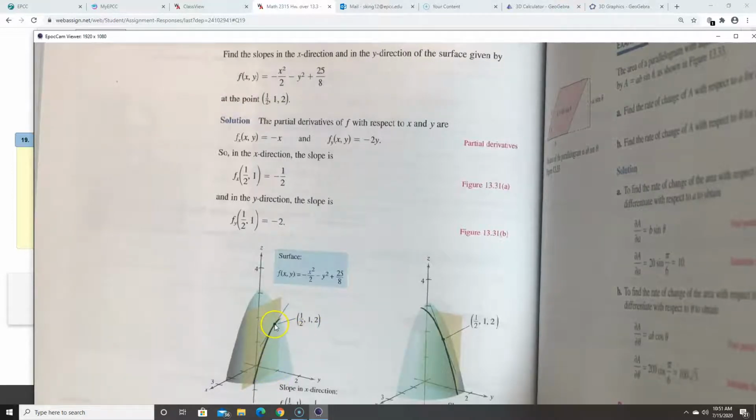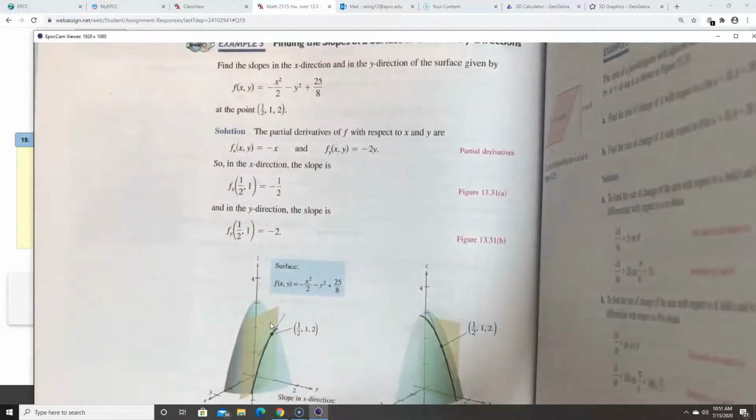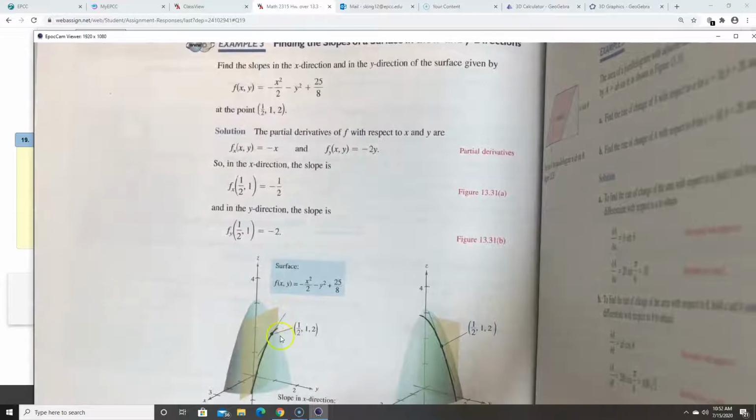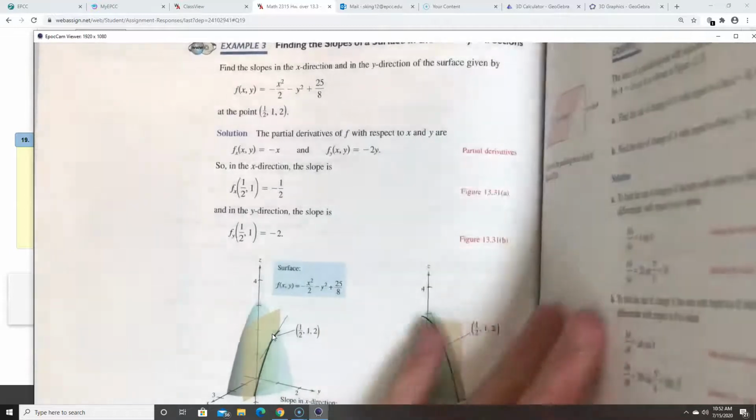They also drew a trace, a curve, at y equals 1, which is the intersection of this plane and the surface. They wanted to show you that curve at this particular point; we could have done this with any point, they just had to pick one.